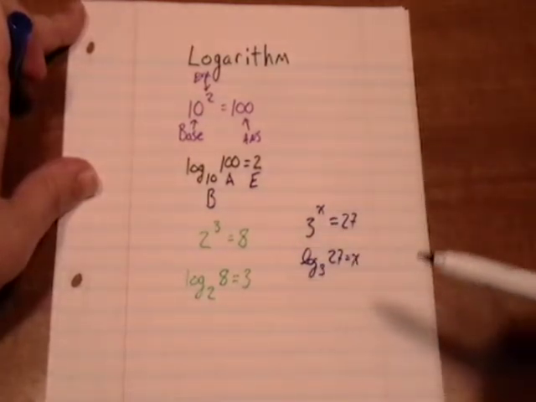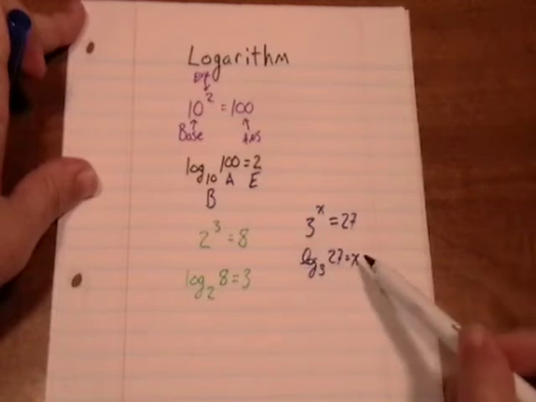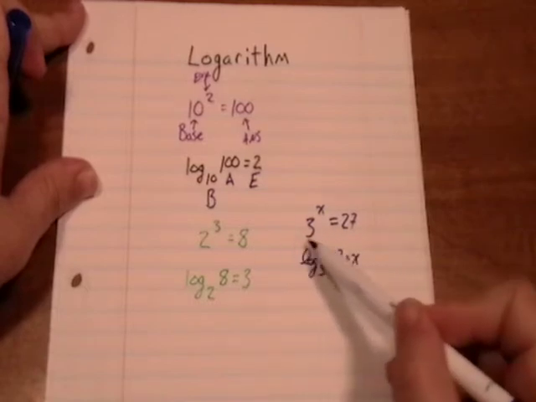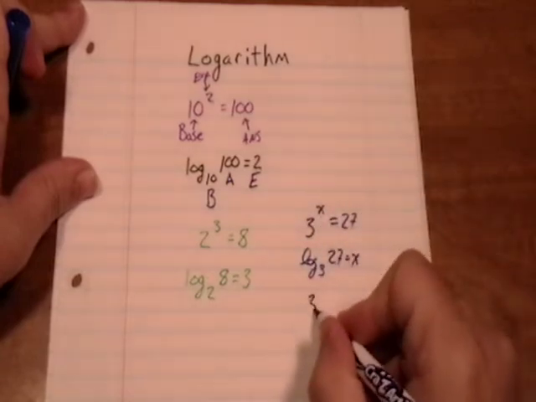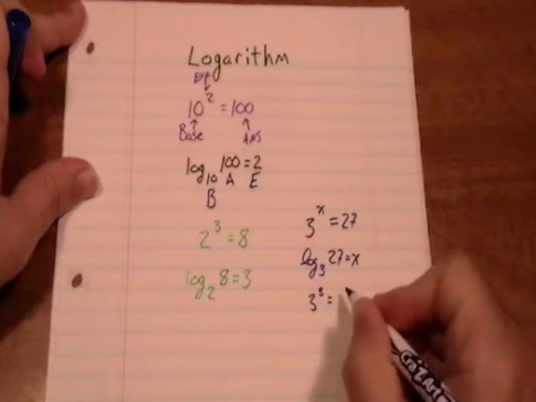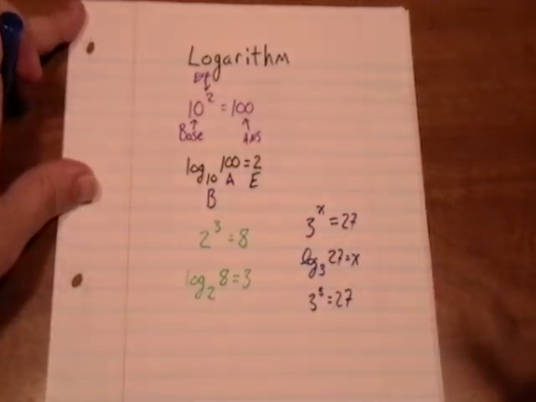A lot of times whenever you're doing a logarithm problem, it'll be written in this format and you're solving for x. Well, you can rewrite that in this format and we know 3 cubed is 27. So for this one, the x would have to be 3.